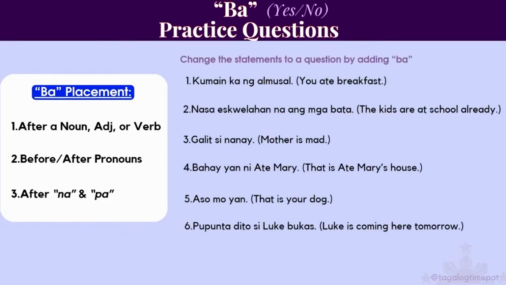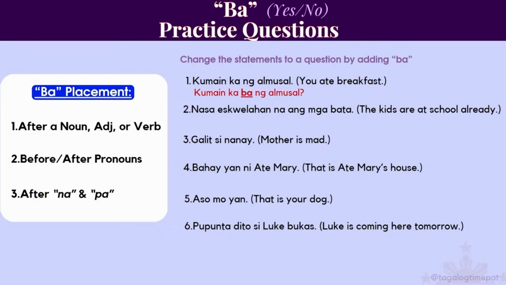Let's do the first one. Kumain ka ng almusal. We have to change the statement into a question by adding ba. So, kumain ka ng almusal means you ate breakfast. Where would ba go? Kumain is a verb, so it would probably go after that. Let's see. Kumain ka ba ng almusal?